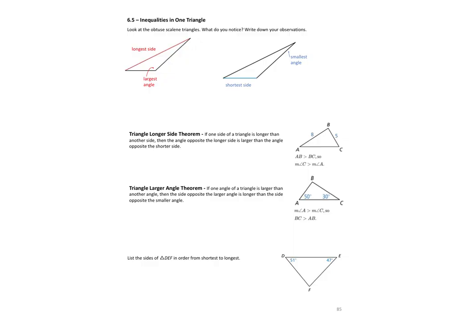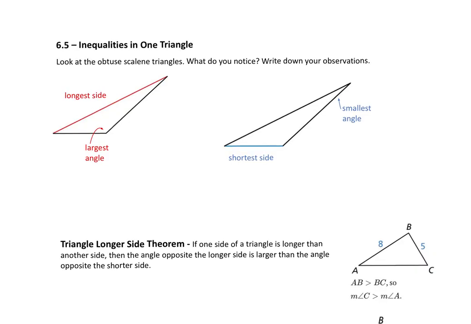Today's lesson is kind of straightforward for the most part, a little bit of common sense, which is good. What we're going to talk about today is inequalities in a triangle, which means comparing angles and sides.